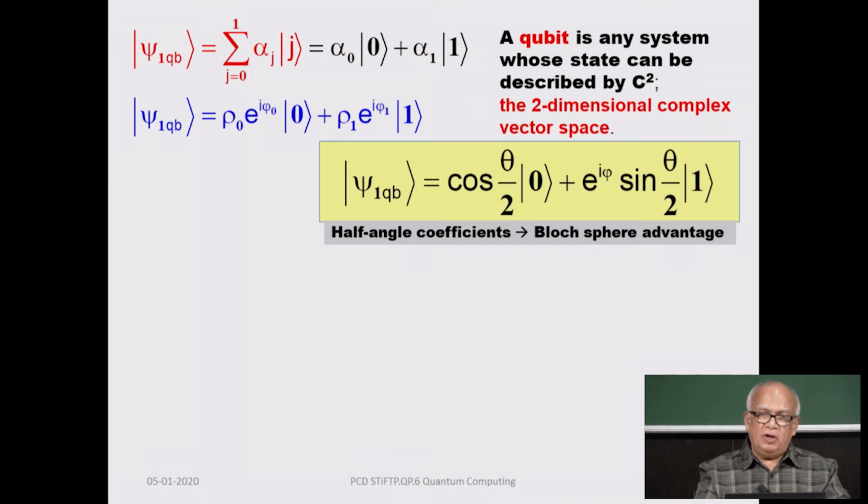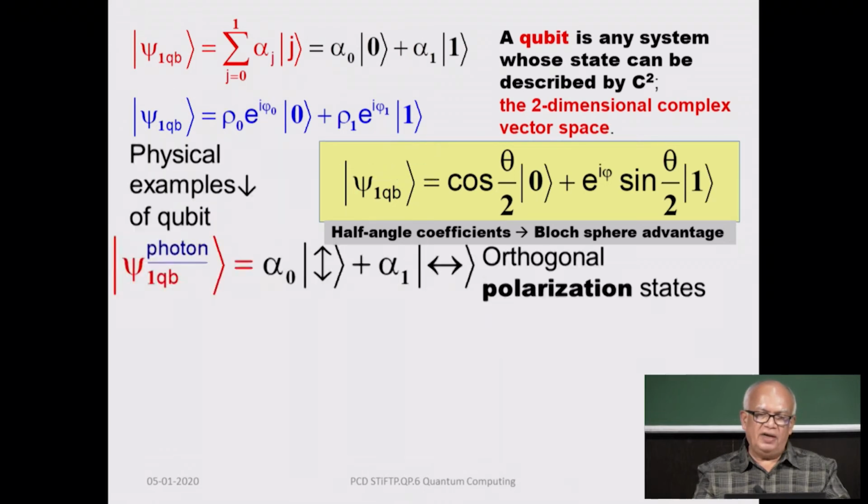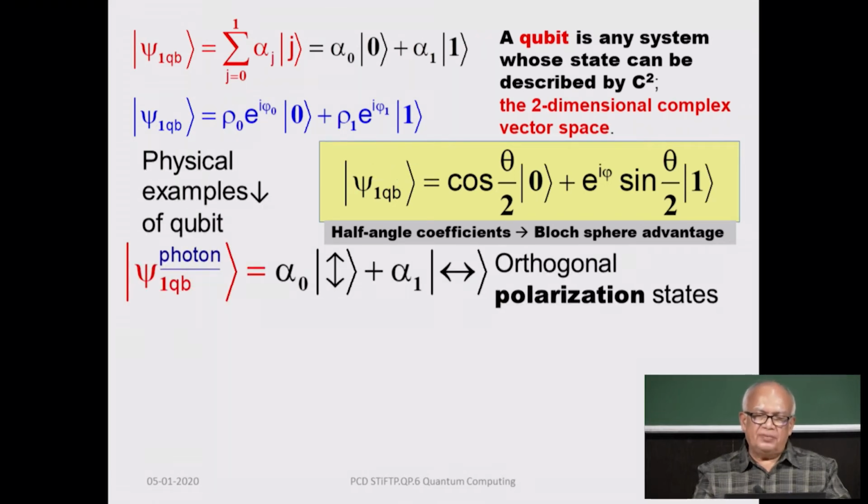In order to take advantage of how we will represent a qubit and how we will compose logic gates on the qubits to develop quantum computers and quantum circuits, we will do so by representing a qubit on the Bloch sphere, and when we do that, the advantage of using this half angle will become very clear. So far as using the coefficient itself is concerned, it could be the cosine and sine of any angle, but we are going to use half angles.